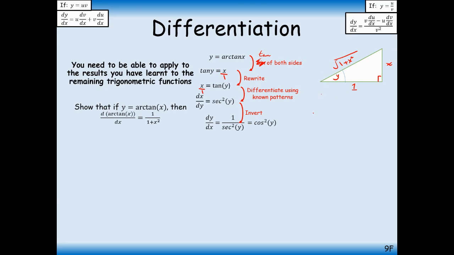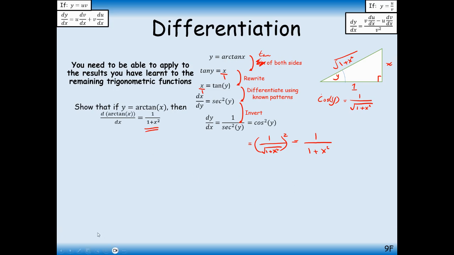And from there, we can say that cos of angle y is simply 1 over the square root of 1 plus x squared. Now, we do have cos squared here, so the square root in the denominator will cancel away with the square on the outside, and we are simply left with 1 over 1 plus x squared. And that's exactly what the answer should have been.